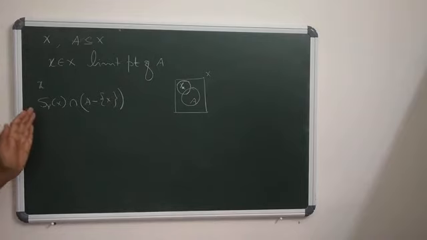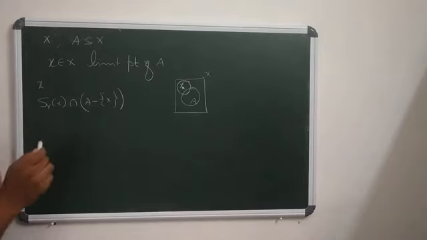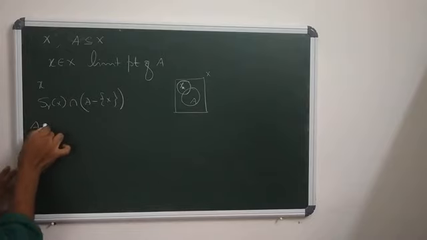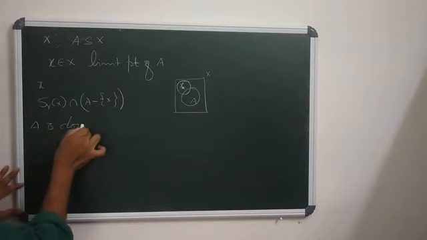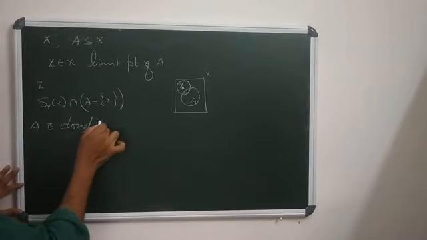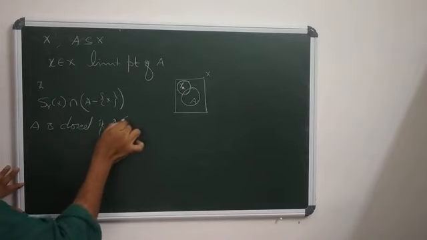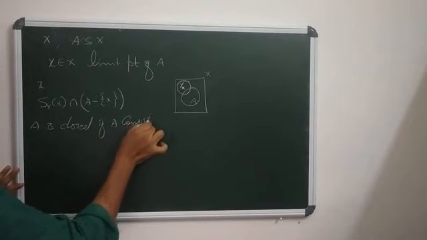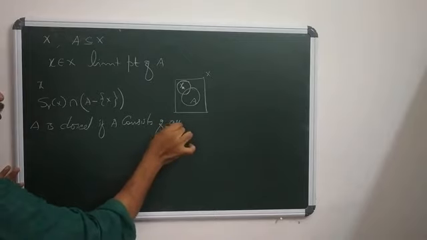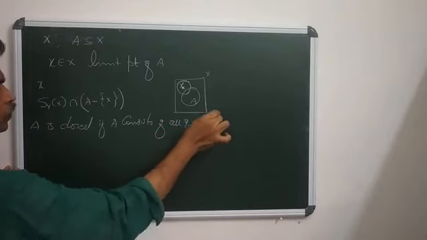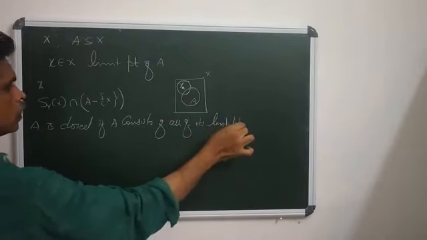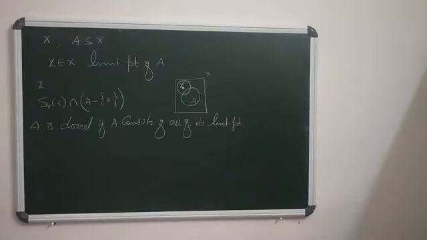Now a subset A of X is a closed subset of X if it contains all of its limit points. Now consider another definition: A is closed if A consists of all of its limit points. Then A is said to be a closed subset of X.